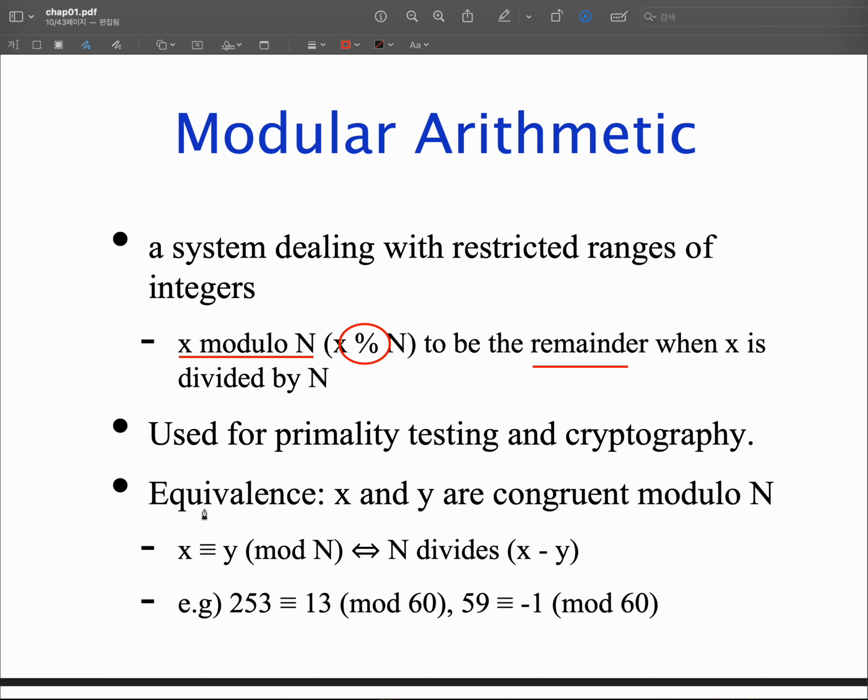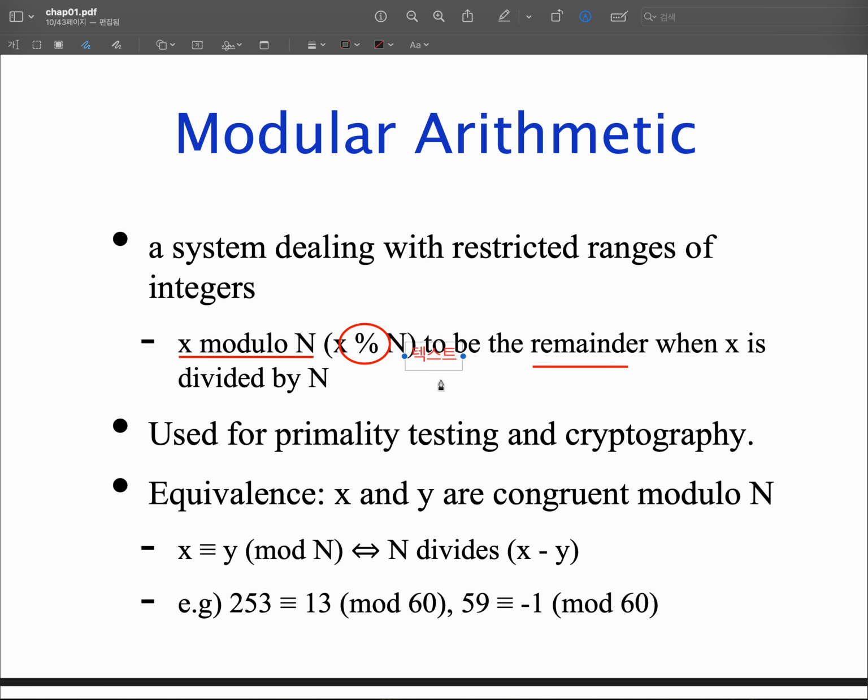And there is an equivalence condition: x and y are congruent modulo n. X and y being equivalent over modulo n means x and y have the same remainder when divided by the number n.